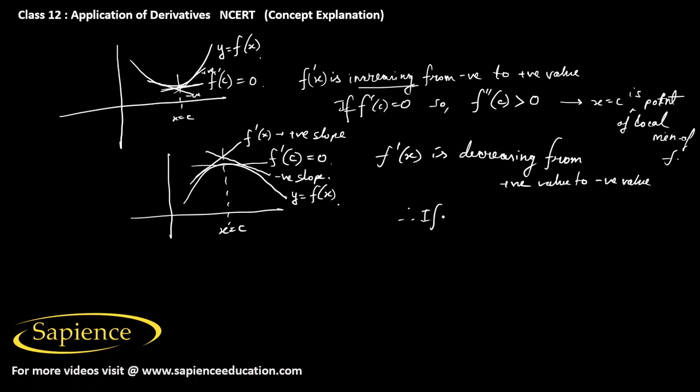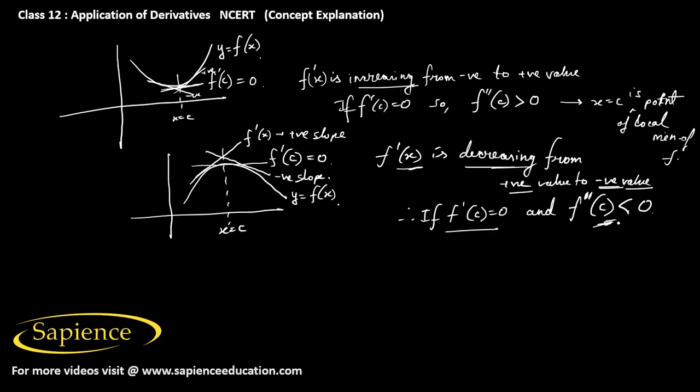So therefore, if f dash c is equal to 0 and f double dash c is less than 0, it means that the rate of change of slope is negative. Since the slope is decreasing from positive value to some negative value, that is why the second derivative, f double dash at c, is less than 0.